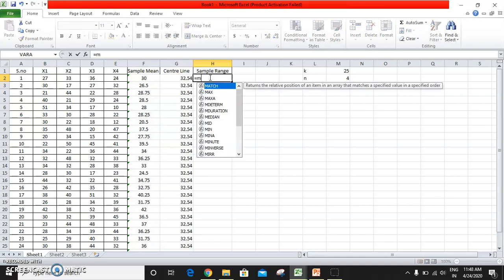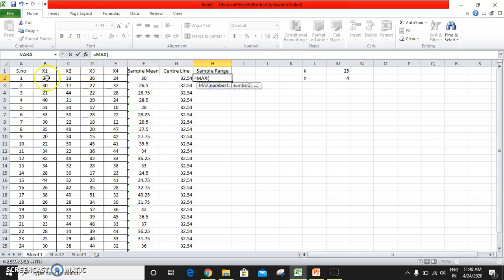So we'll put a formula here: maximum of the observations from this side minus the minimum. This is the difference between the maximum and the minimum.